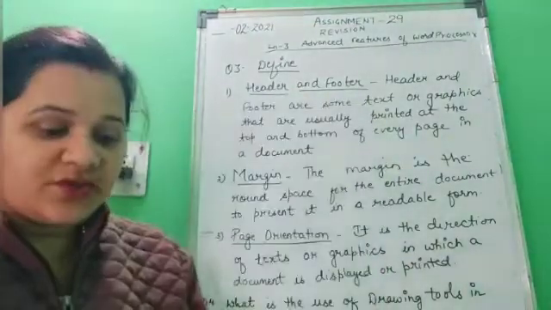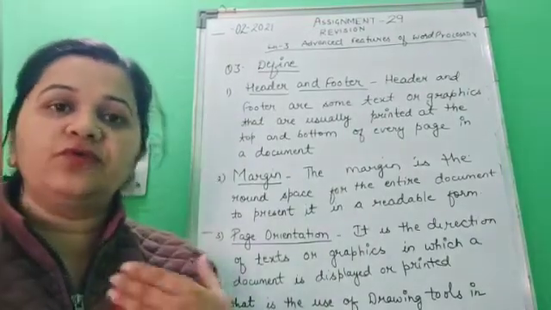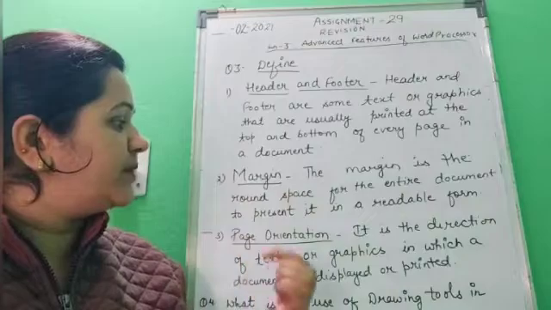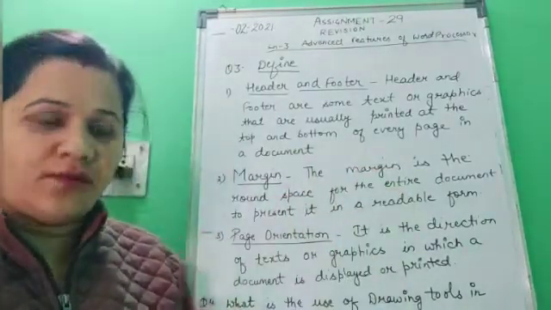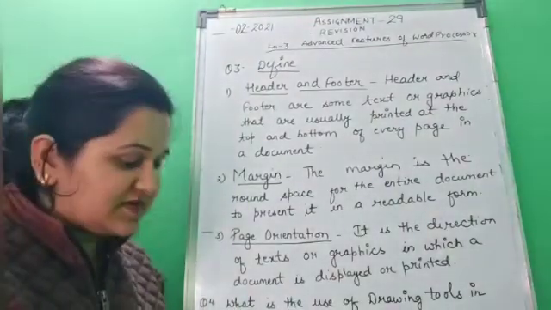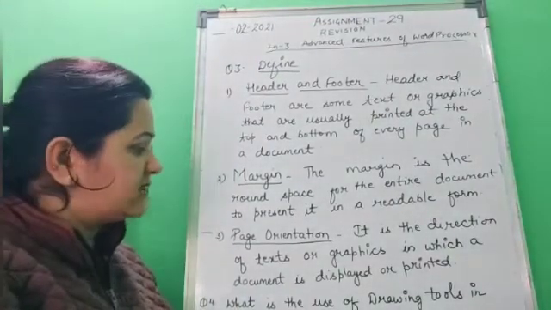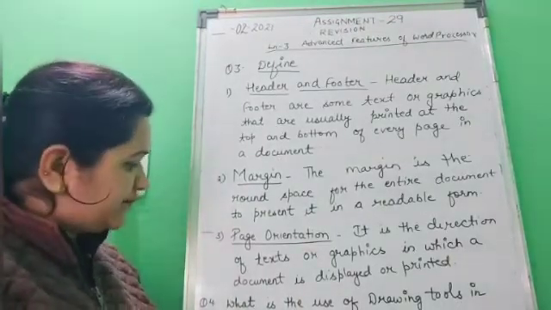So page orientation means it's up to you whether you want your document to be printed in portrait form or landscape form. It is mainly the direction or presentation of graphics that is to be printed, that is to be displayed.